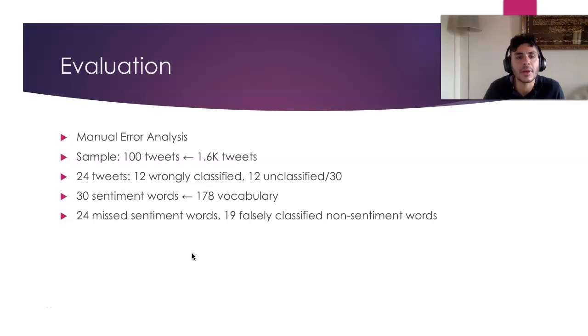We took a sample of 100 tweets from the dataset, of which 24 tweets were wrongly classified and 12 were unclassified out of 30 unclassified tweets. We manually found that there were 30 sentiment words from a vocabulary of 178 words, where the sentiment lexicon missed 24 and falsely classified 19 words that are non-sentiment words.